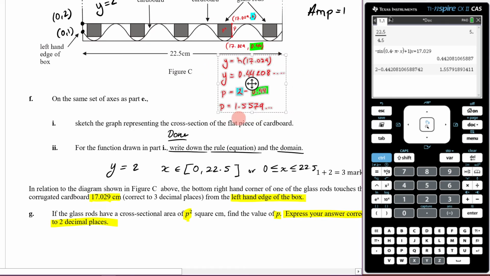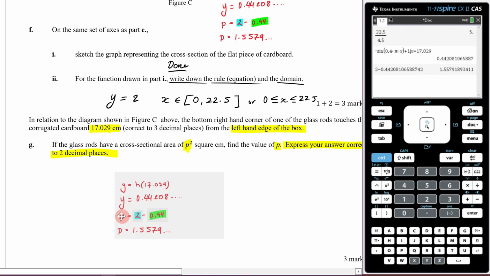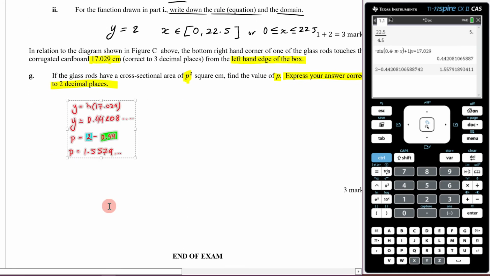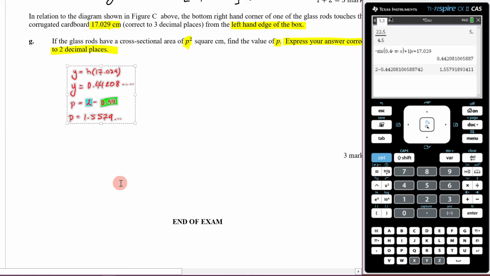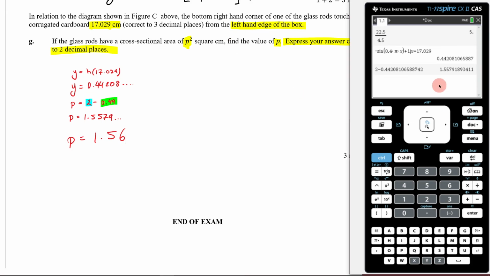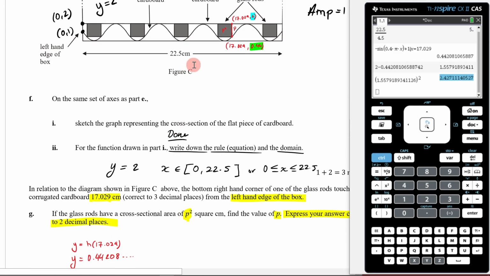Your working needs to be in the correct place, and the correct place to put it is here. So P is going to be equal to 1.56, just like that. And that's all it needed. We just needed to say that, and then we're all done. Because we know now, if we take this and we square it, that's P squared, and that is going to be the area of this.